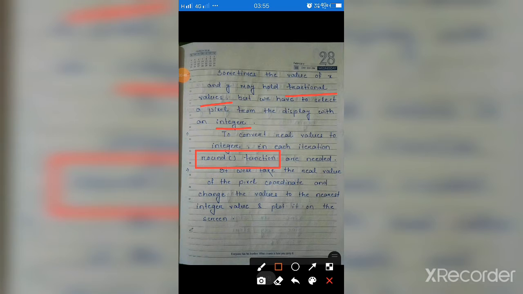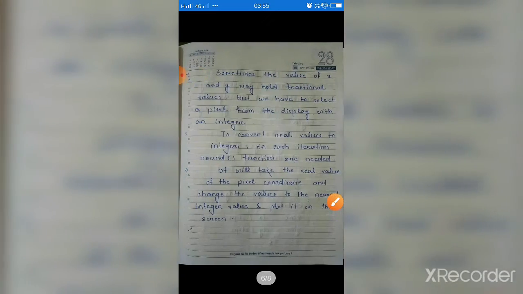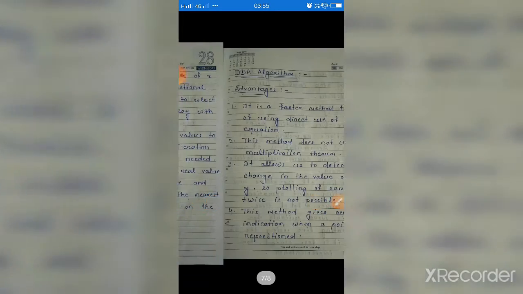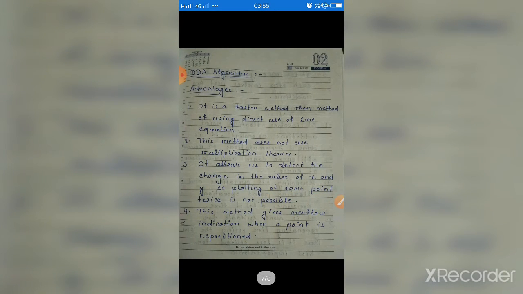This point, the round off function, is most required. You have to remember this. After that, the DDA algorithm has some advantages and also disadvantages. What are the different advantages?